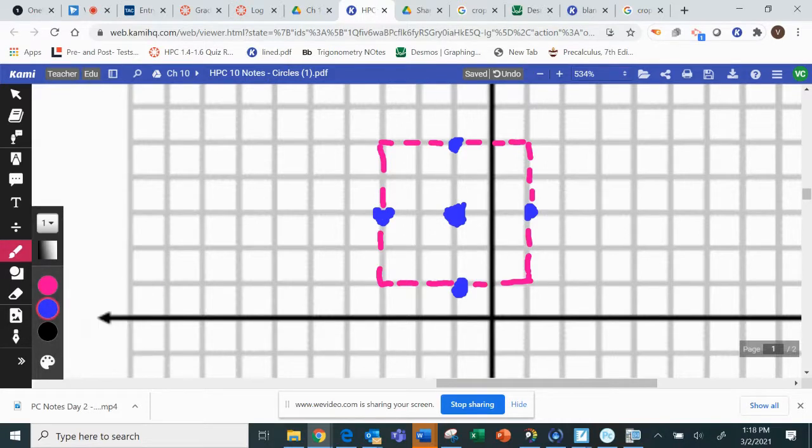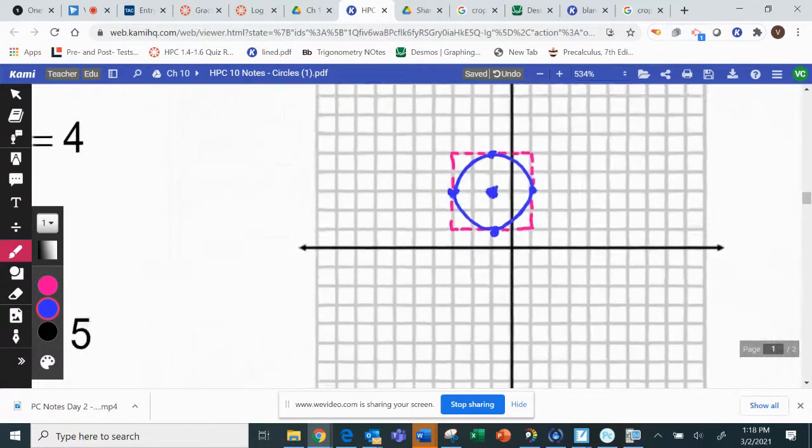Then as I connect those, I'm going to use that box as my guide to make it look circular. I just do 2 points at a time. That's how I can do my best circles and, when we get to them, ellipses. So that's just a suggestion. If you are graphing yours and they're looking terrible, the box helps a lot.